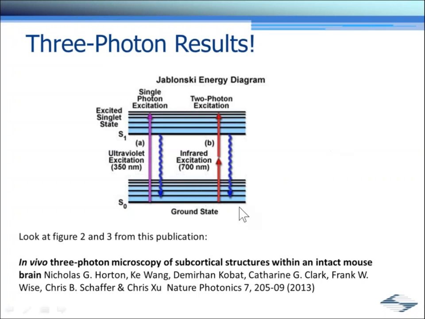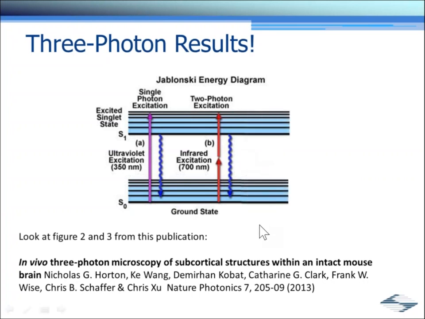Let's just take a step back and talk about our Jablonski diagram, which we discussed earlier. We remember single photon excitation, the idea that we can knock a fluorophore into the excited state with a photon. And of course, two photon excitation, we take two photons of half the energy and hit that fluorophore at exactly the same time.